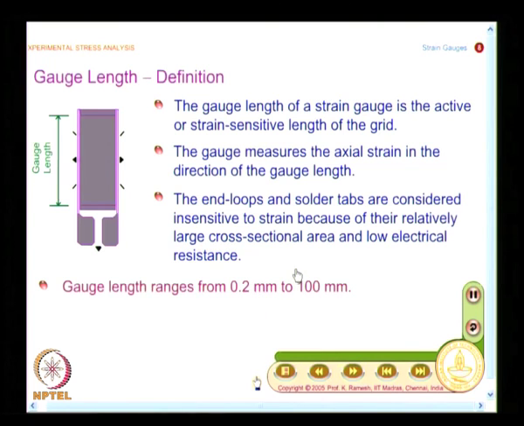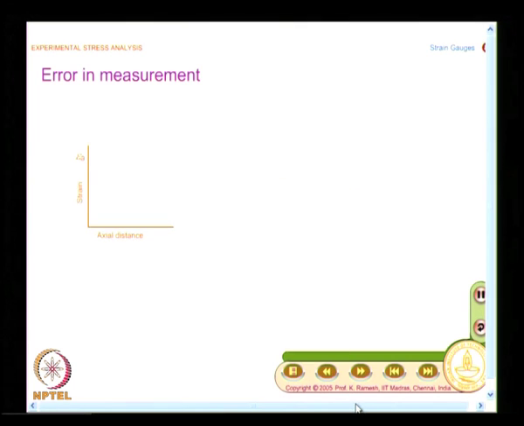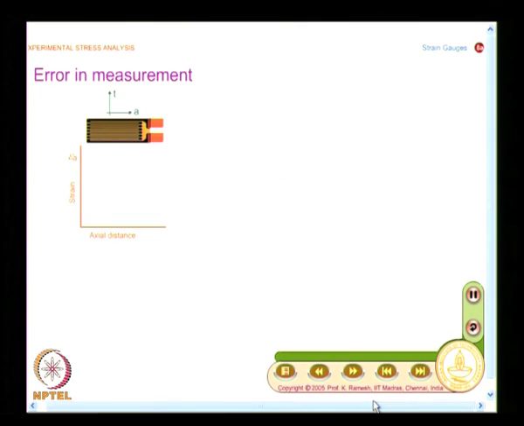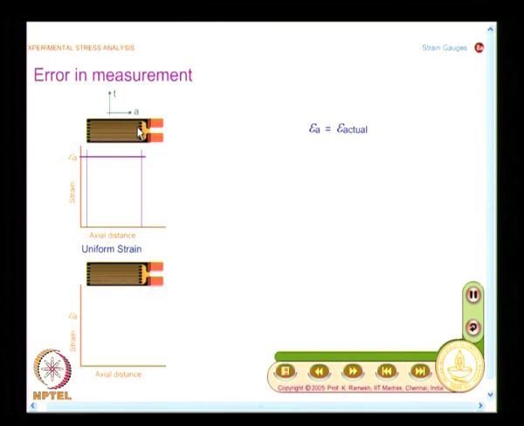And let us also look at what are the errors that could come when gauge length is not chosen appropriately. Suppose I have a constant stress, does gauge length have any influence? It has no influence. Whatever strain I measure is equal to the actual strain. Suppose I have a strain varying linearly.